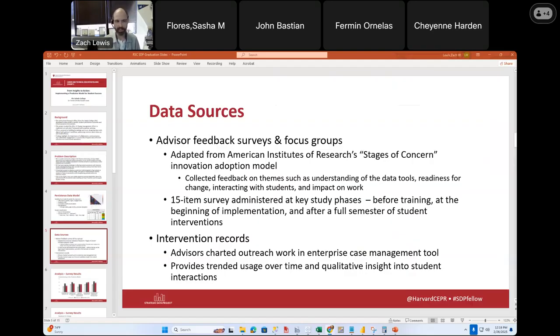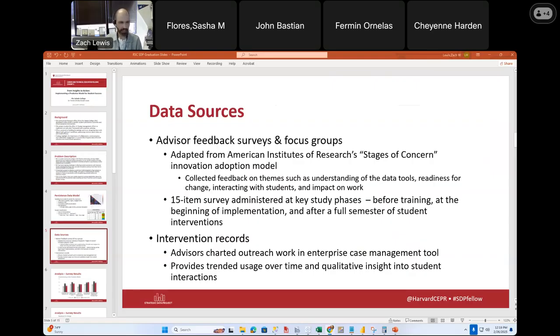One was understanding of the data model and the tools affiliated with it. Another was readiness for change. A third was interacting with students and how well that work was progressing. And the fourth was the impact of the work, which I have labeled on a future slide as the impact to students.